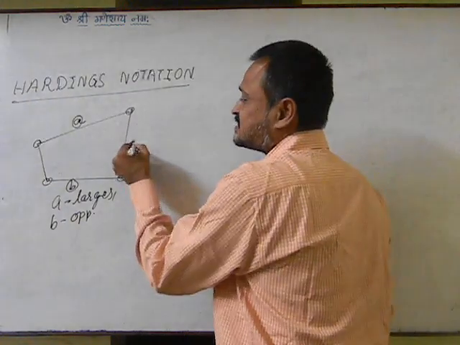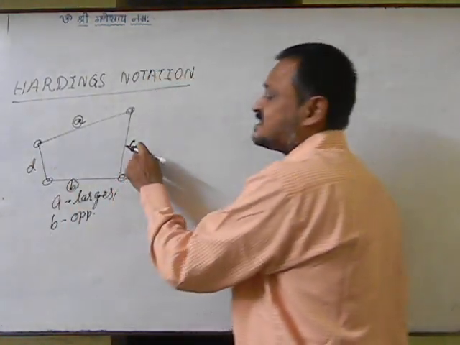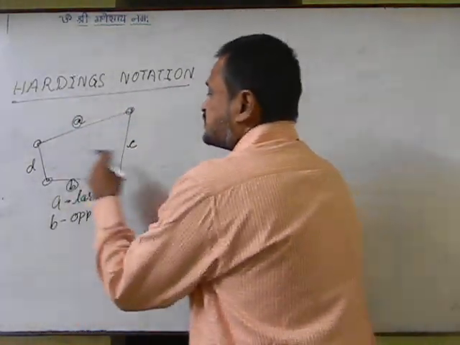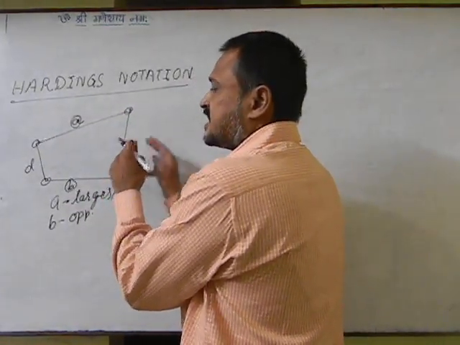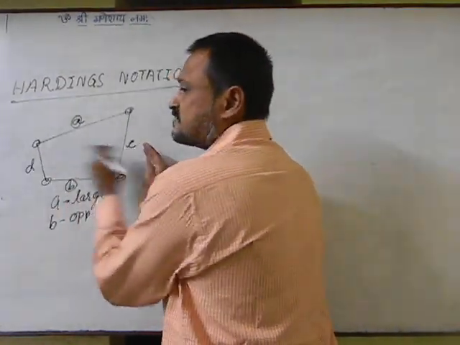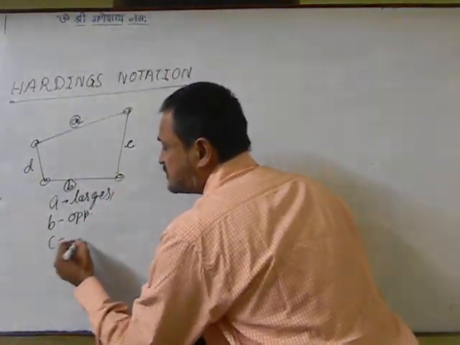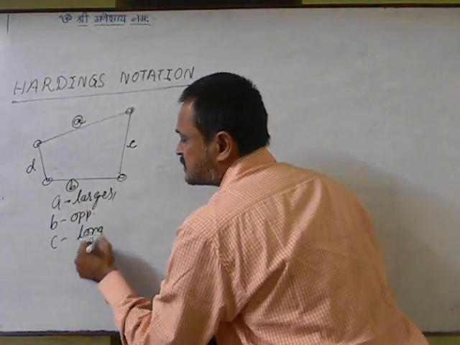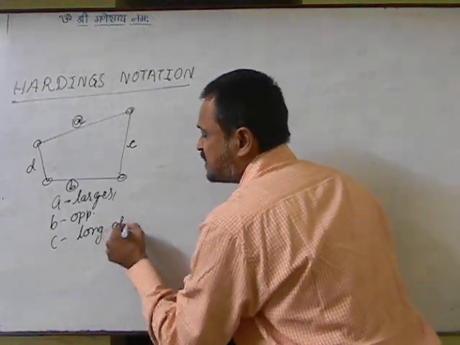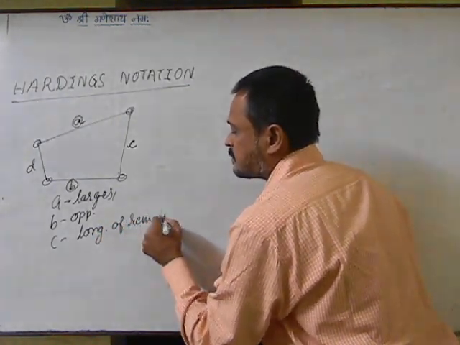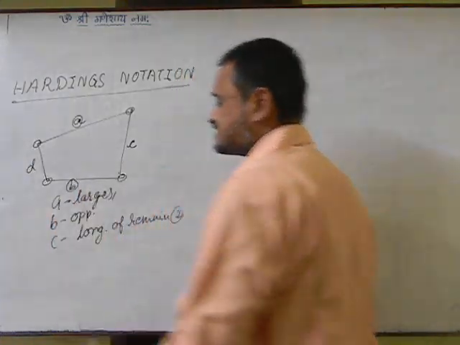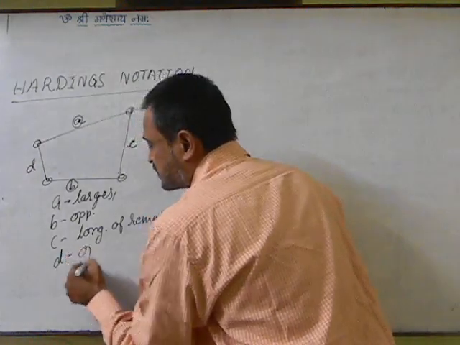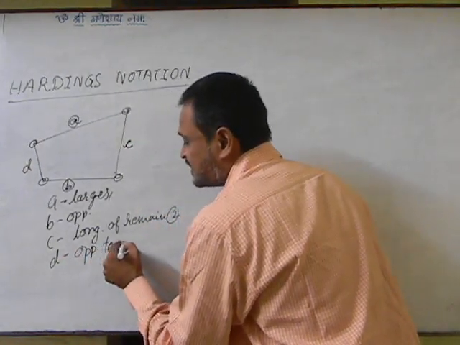Now this is C and this is D. C is the link which is greater than the remaining two. That means out of D and C, C is the longest of the remaining two links. And last, D is opposite to the link C.